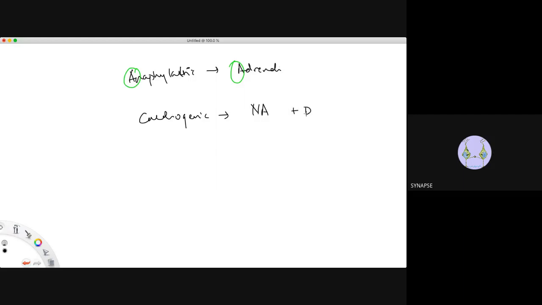And there's also another drug which is called dopamine. Dopamine is also going to stimulate the heart. Now, what is the use of dopamine in cardiogenic shock? There is a logic here. When there is heart failure, the heart is failing, and along with that, the perfusion to the kidney is going to reduce.